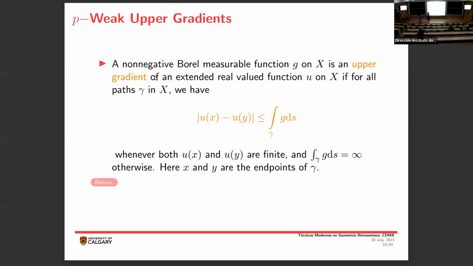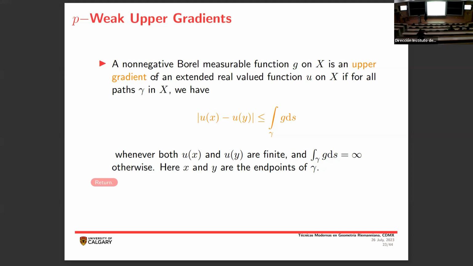Okay, so one major drawback about this definition is that the integrability of the upper gradient is not controlled by the function itself, meaning that if we take an upper gradient of u and add any non-negative constant, we get again an upper gradient of u.